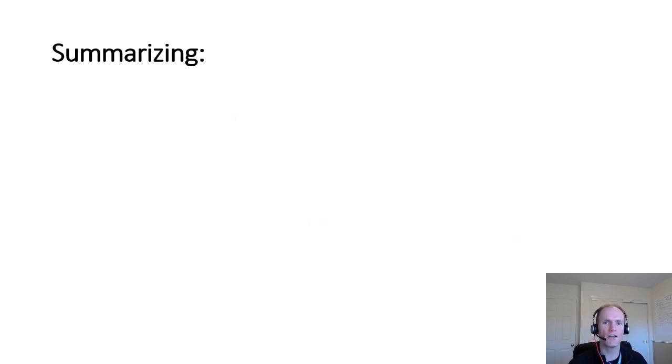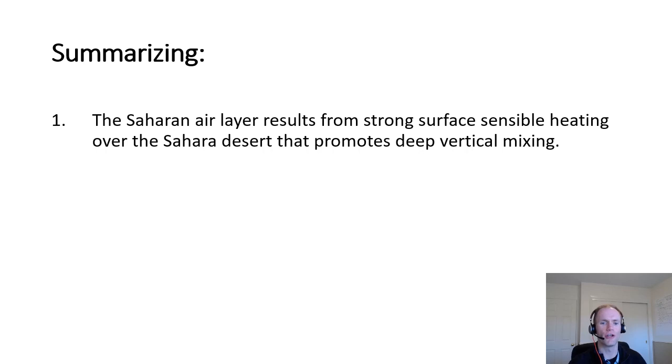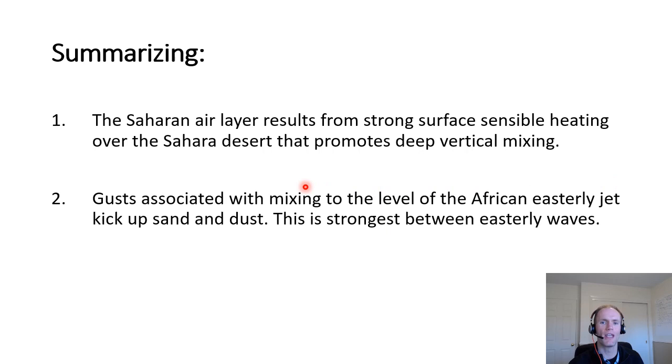So summarizing our discussion about the Saharan air layer, we discussed how it results from strong surface sensible heating over the Sahara Desert that promotes that deep vertical mixing. Very large potential temperature, very low water vapor mixing ratio, and bringing faster winds from the African easterly jet level down toward the surface in the form of wind gusts. And it's those gusts associated with mixing to the level of the African easterly jet that kicks up the sand and dust.